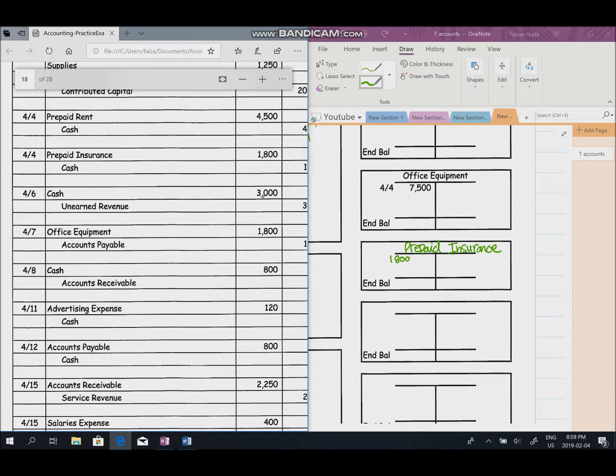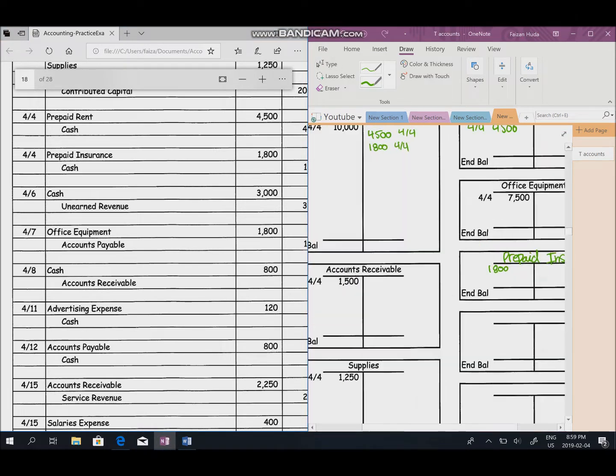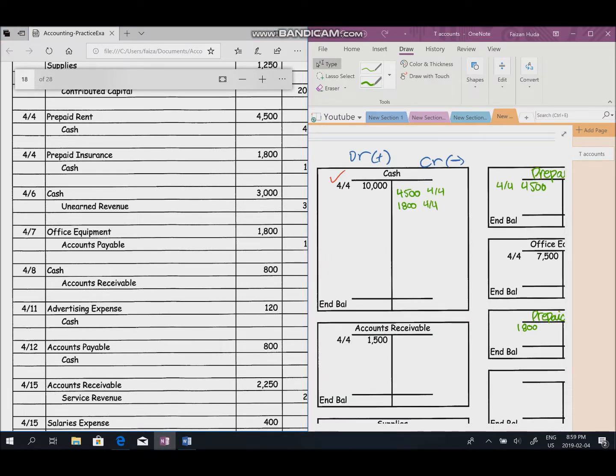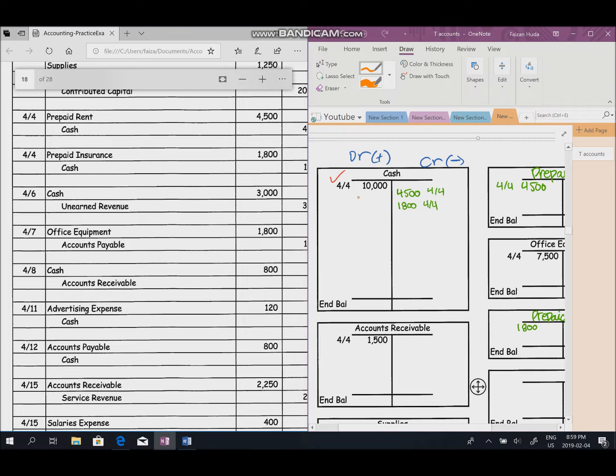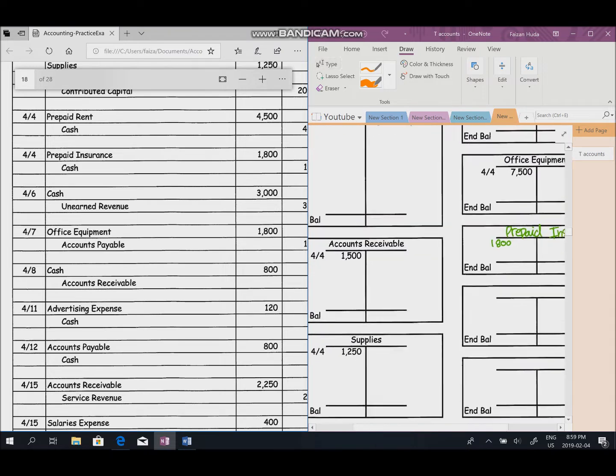Now I'm going to post my cash and unearned revenue. Cash is being debited, so I'm getting $3,000. For debit, I'm going to use a different color for cash, so it's easy after. So 3,000 debit, and this happened on April 6th. Then unearned revenue.